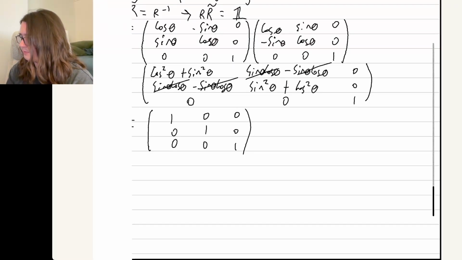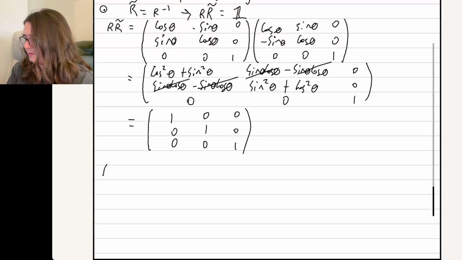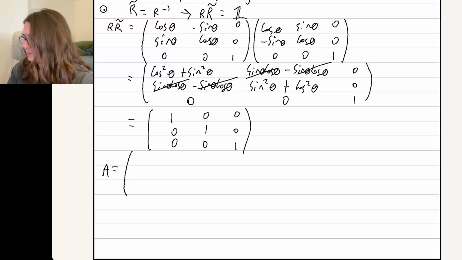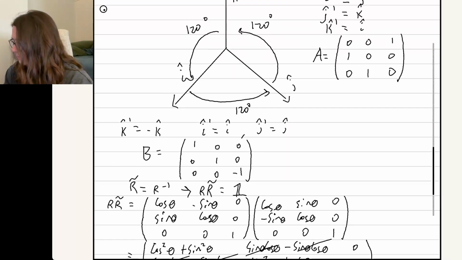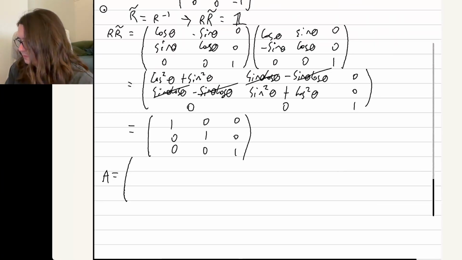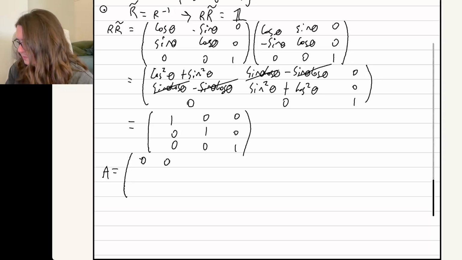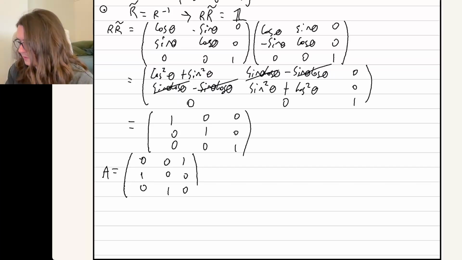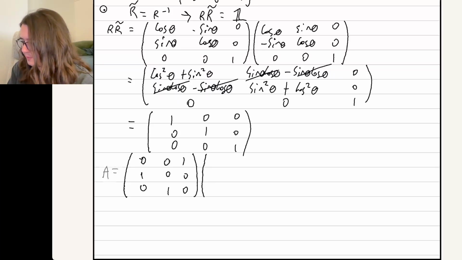Then we have to check that our A is actually orthogonal. I already forgot what that looks like. 0, 0, 1, 1, 0, 0, 0, 1, 0. Cool. That's A. And then we're going to multiply it by its transpose, so we're going to do A times A transpose.